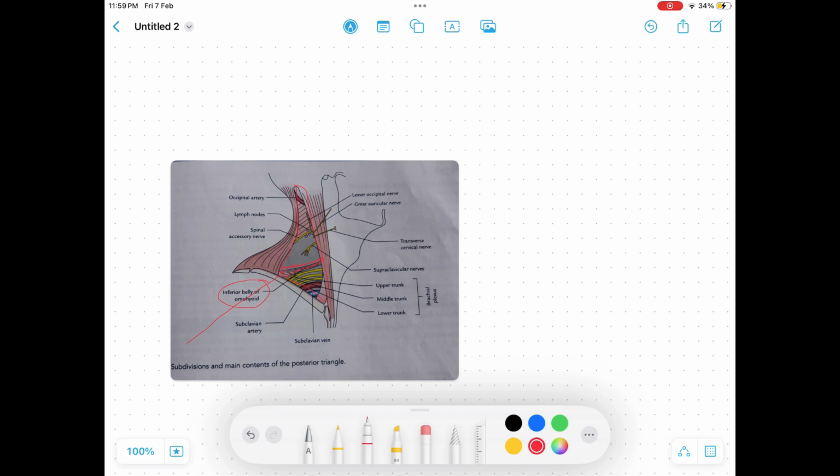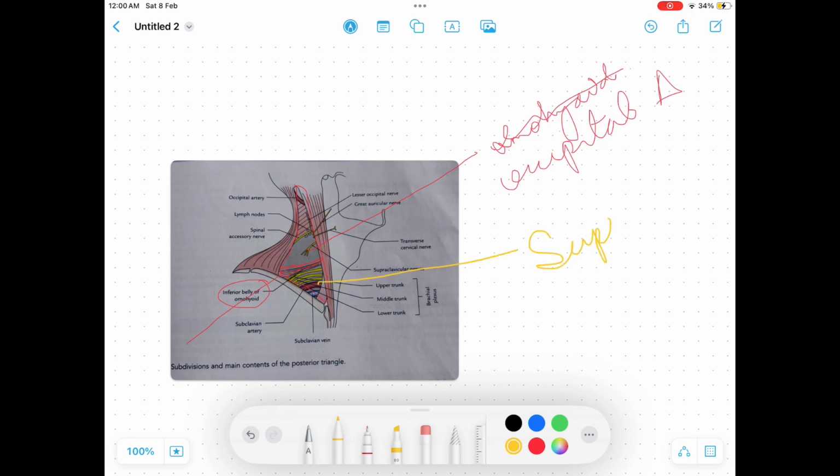This upper part is occipital triangle, and this lower part is supraclavicular triangle. Okay.